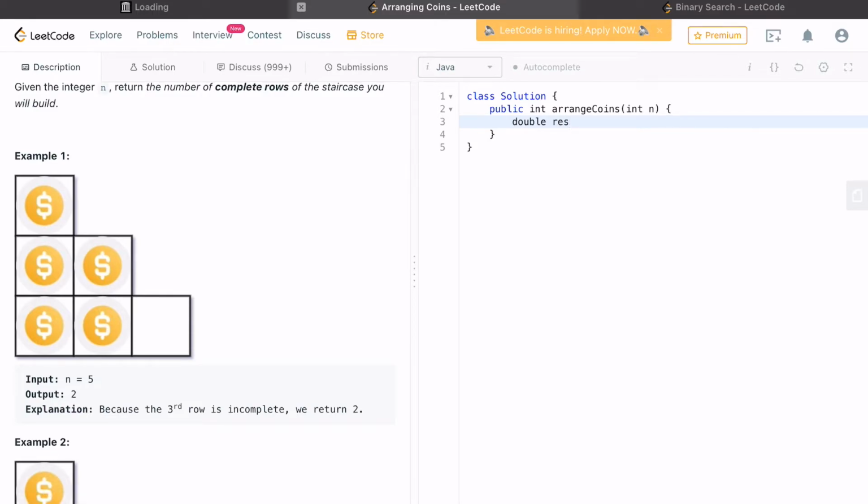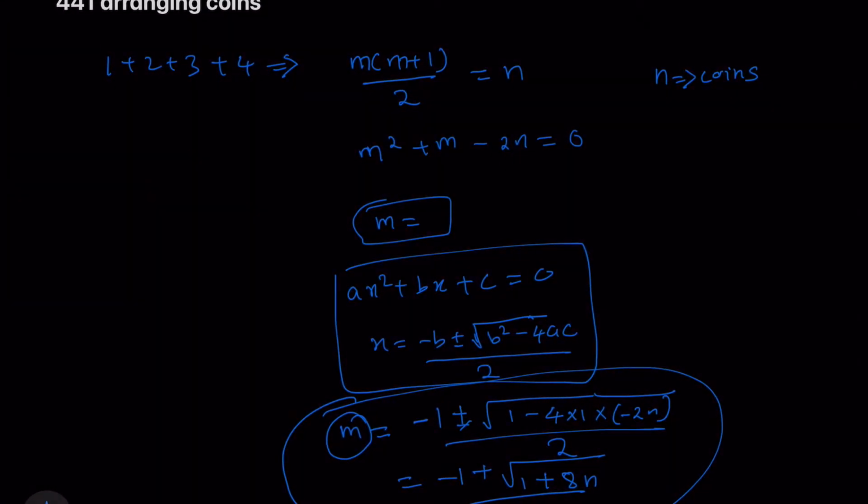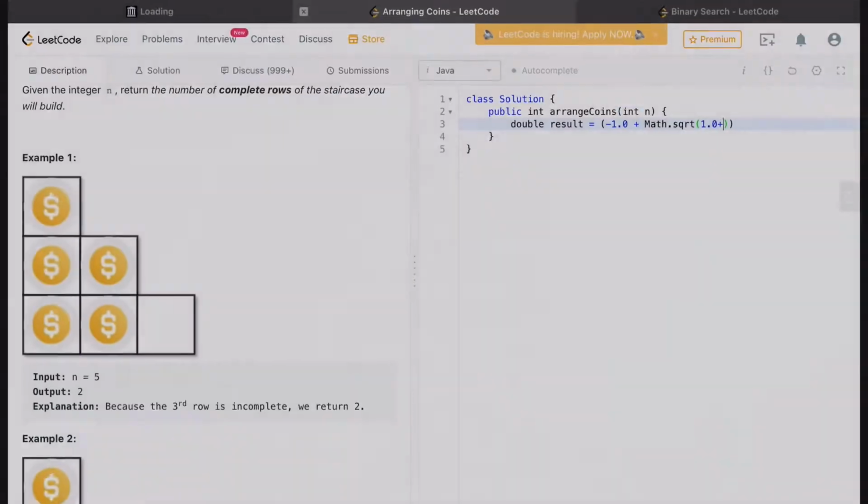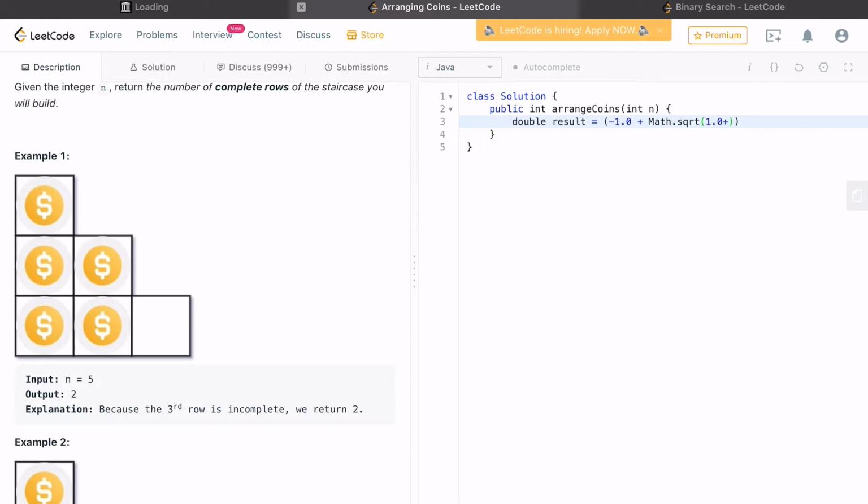We can say double result equals minus 1.0 plus math dot square root of 1.0 plus 8.0 into n, and this whole thing is divided by 2.0.